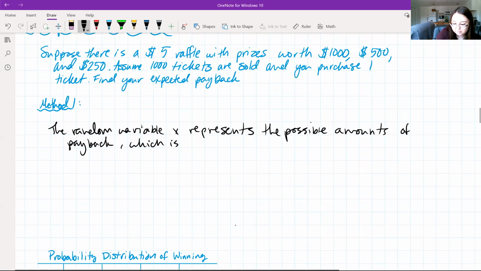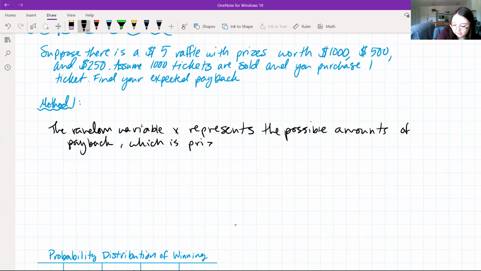So we see that the amount of payback is prize minus price of ticket. Put that in parentheses. All right, so now we know how much our payback is going to be.